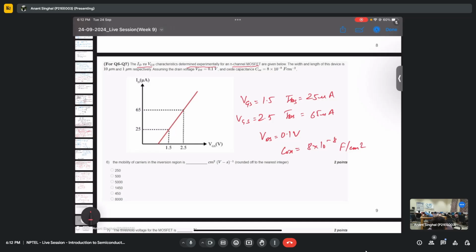So can someone tell how we can calculate this? Any guesses? First of all, we are talking about inversion, and even in inversion, we have such a low VDS.